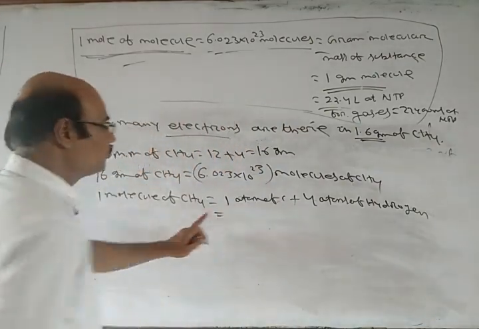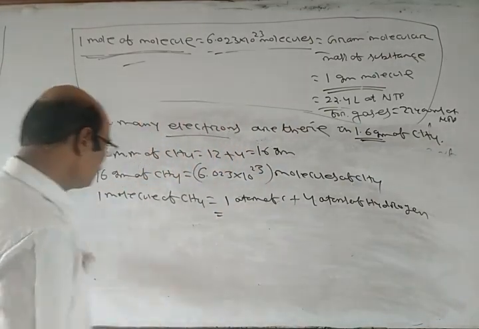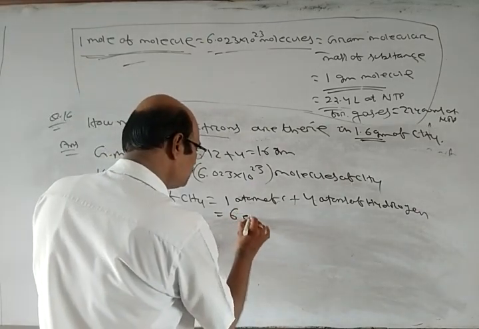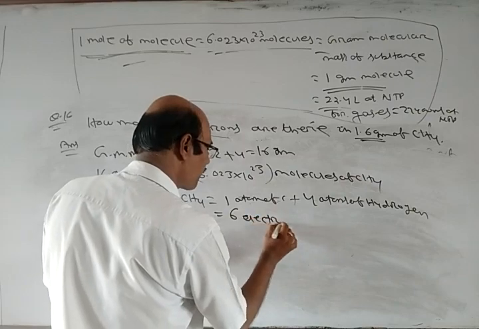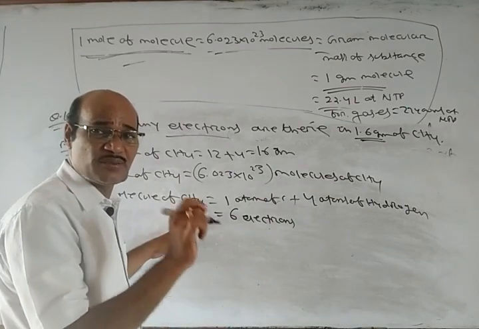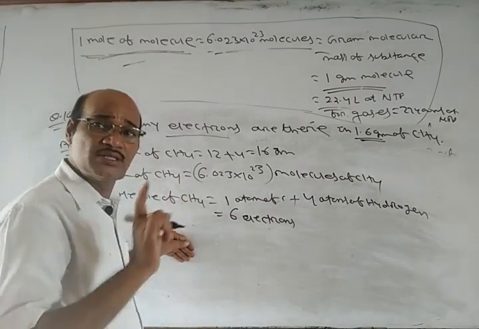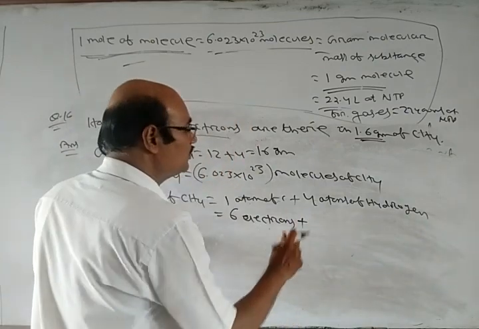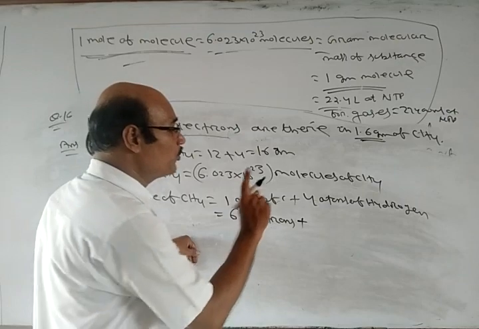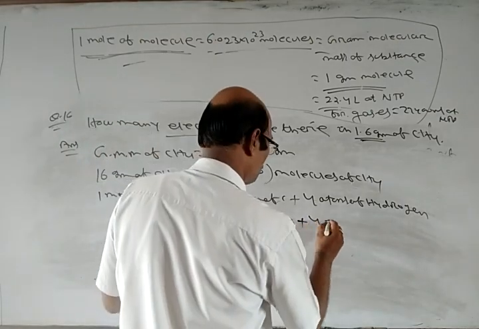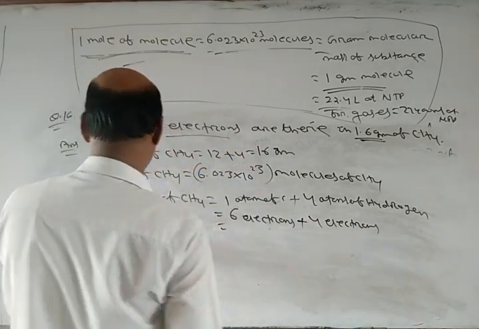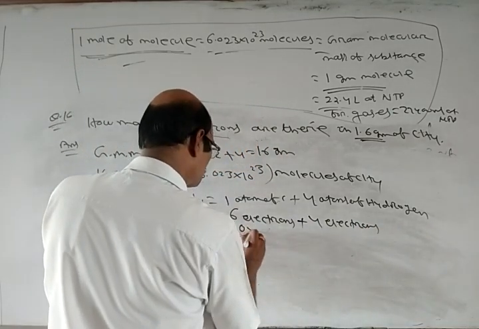Now the atomic number of carbon is 6, so 6 electrons are there in one atom of carbon. So 6 plus 4 atoms of hydrogen. One atom of hydrogen contains 1 electron, so 4 atoms, 4 electrons. Equal to 10 electrons.